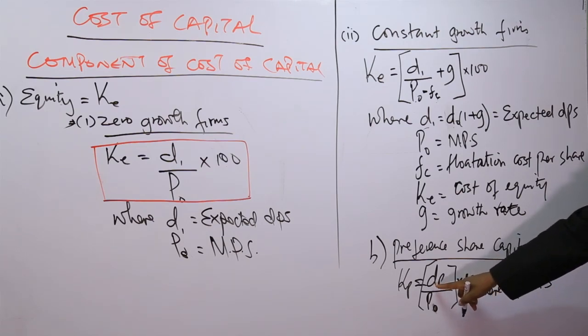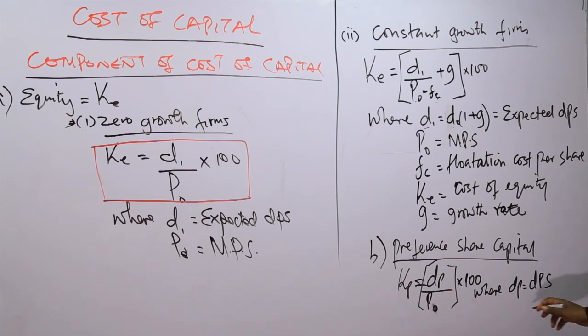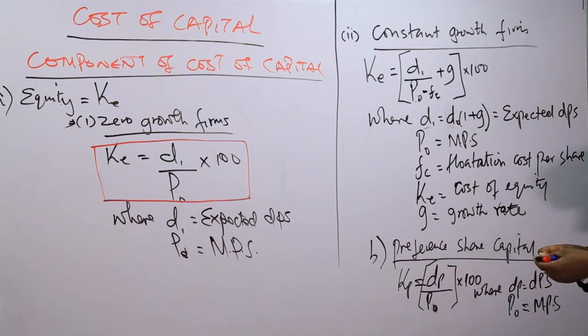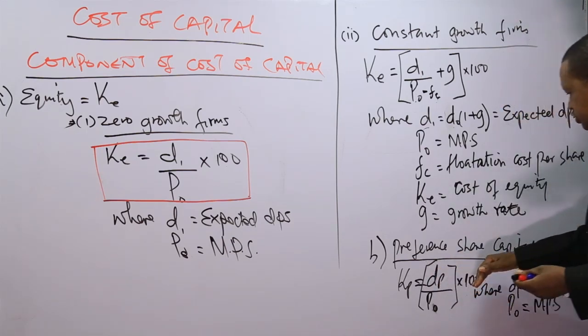This DP is the expected dividend per share, and P naught is the market price per share for the preferred stock. So then you multiply that by 100. So that is the formula for the preferred stock or the preference share capital.